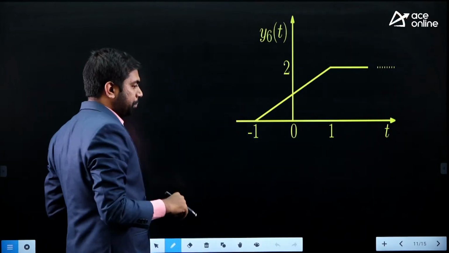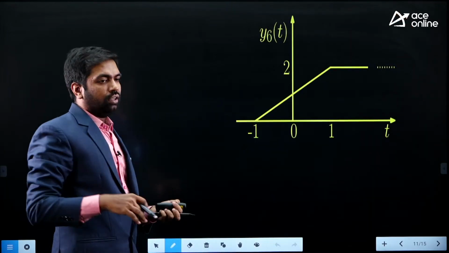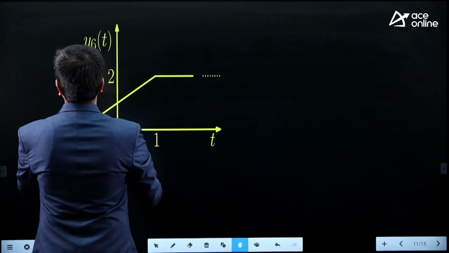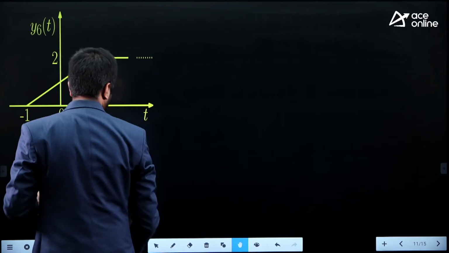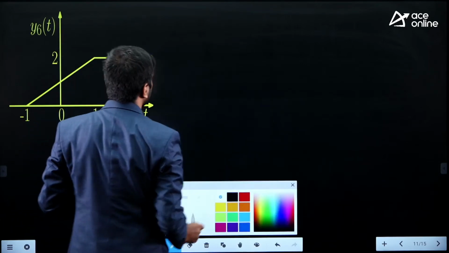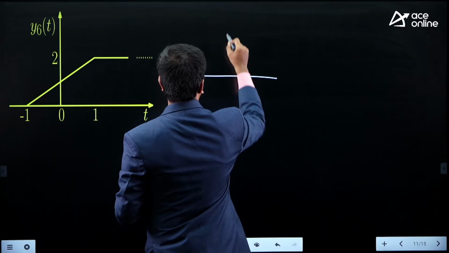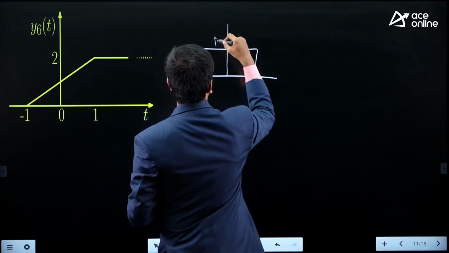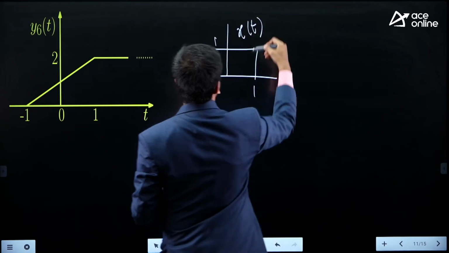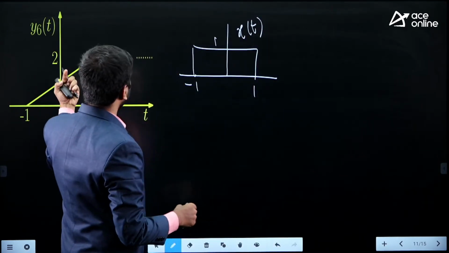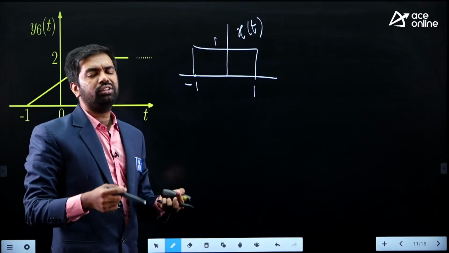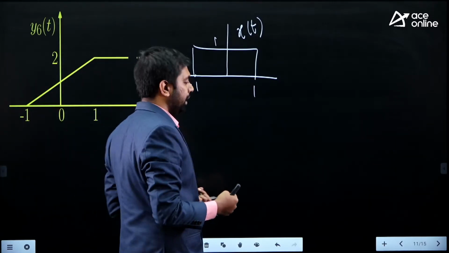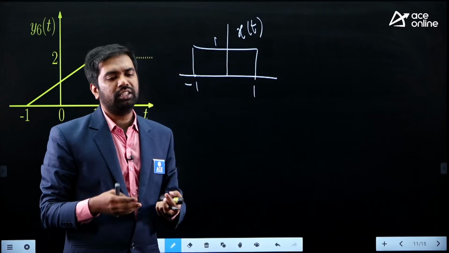How do you express this in terms of x of t? That's the question. So let's check it. What is x of t? x of t is the rectangular pulse like this, which is from minus 1 to 1 with amplitude 1. This is the information given to us. If you can express y6 in terms of x of t, then you can easily find the Fourier transform of y6 of t. That's the main idea.